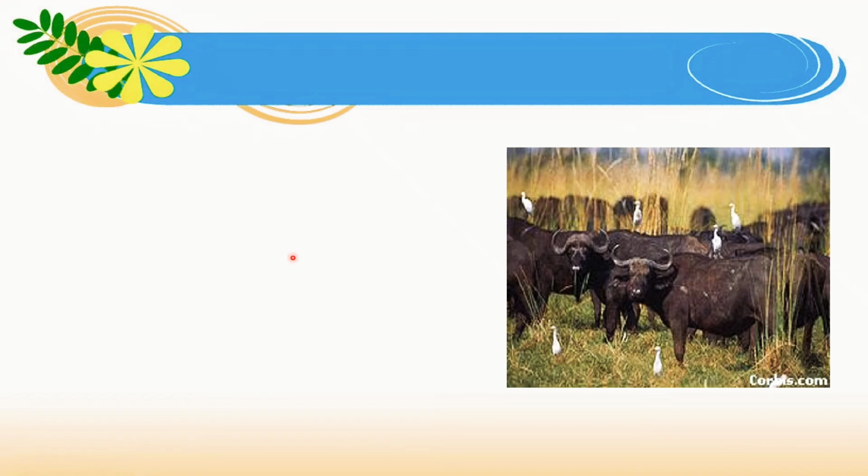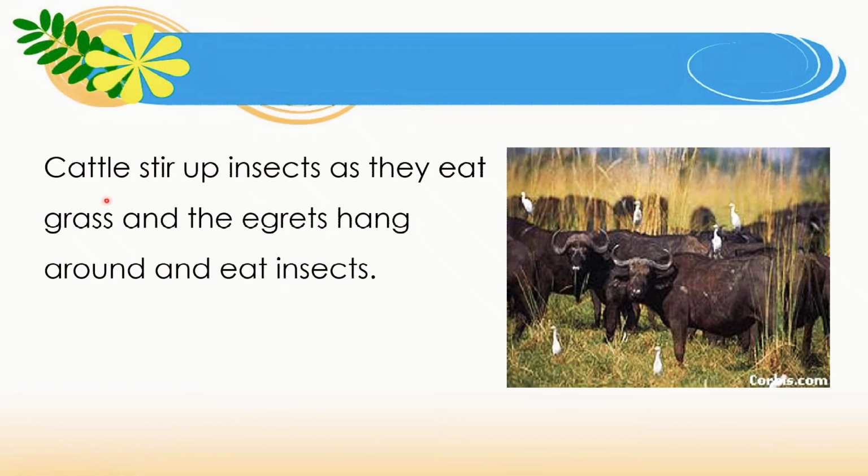Now let's go to the next one. We have cattle, and we have egrets. So this one is the egrets, and we have the cattle. So in this situation, the cattle stir up insects as they eat grass, and the egrets hang around and eat the insects. So as soon as this cattle eats grass, there are small insects that fly up from their body, right?